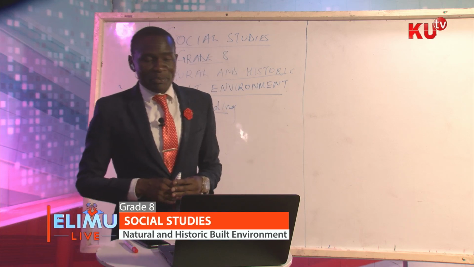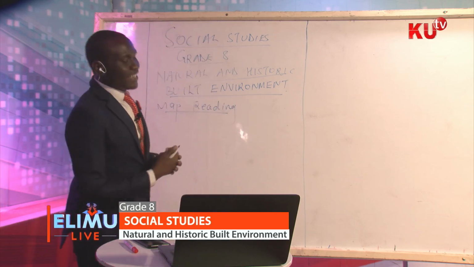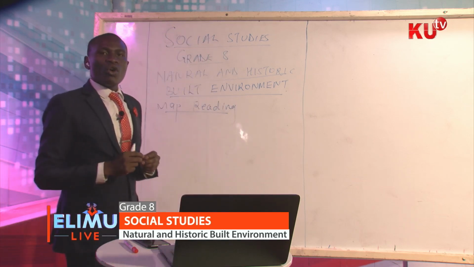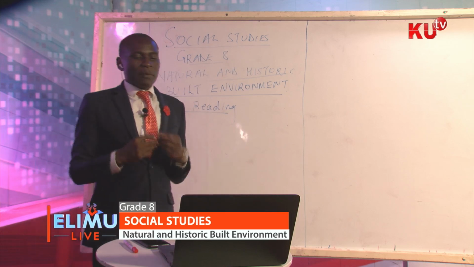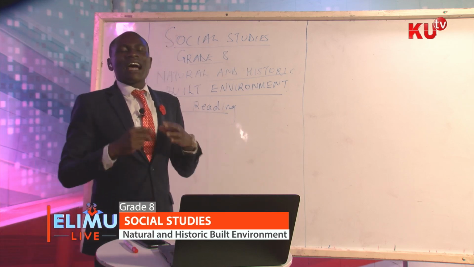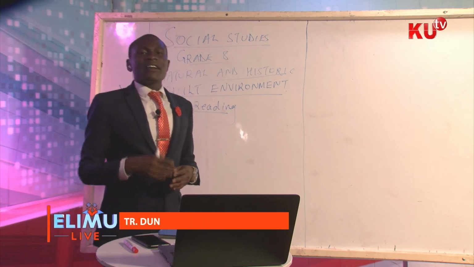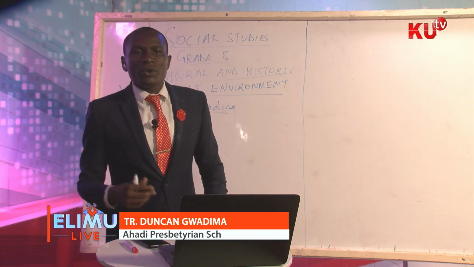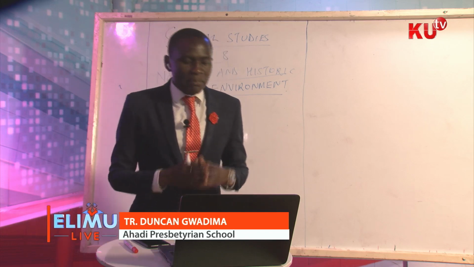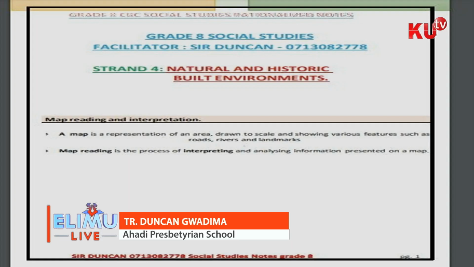What is a map? A map is a representation of the earth, or an area of the earth, on a piece of paper. And remember, we are not talking about the real earth.